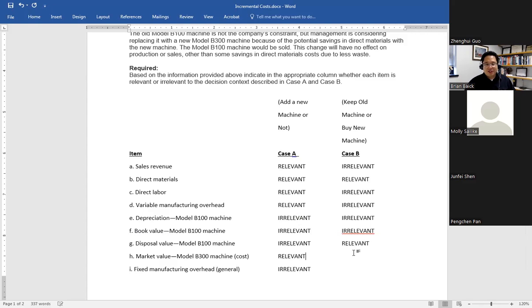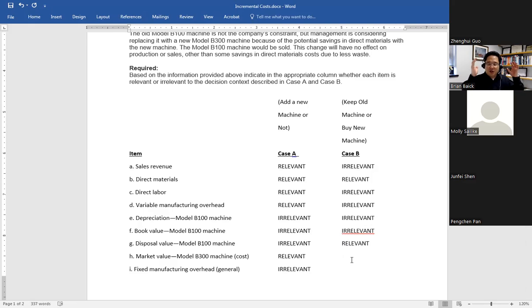Can anybody type in the chat why they think the disposal value is relevant? That's also salvage value. Why is it important what I can sell the old machine for? Can anybody type in the chat? Yes, because when we sell it, very good. If we get a new machine, we can sell the old one and get some cash out of it, right?